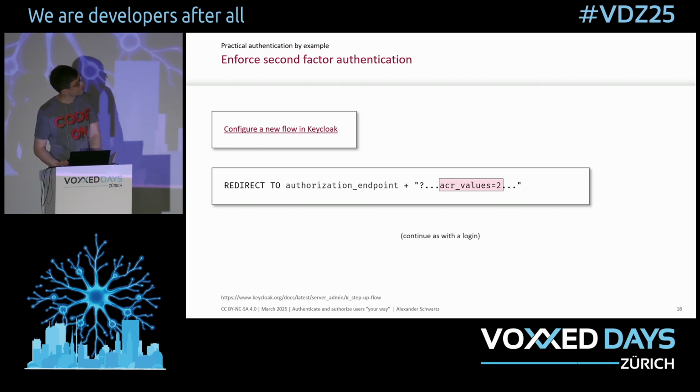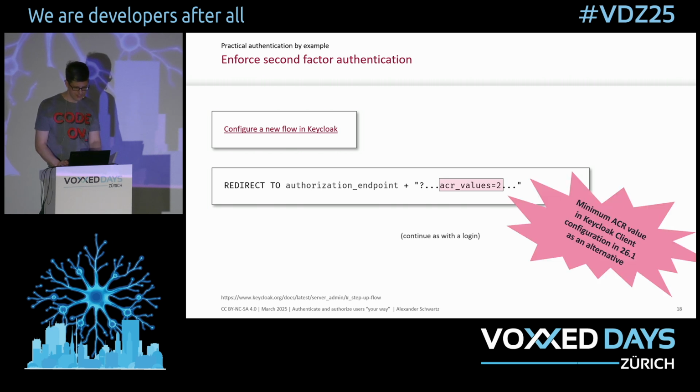It involves configuring some authentication flows in Keycloak that might take a bit too long here in the demo, so I'm skipping that in the demo. And that was actually one of the features we added in Keycloak 26.1. For some applications, maybe an off-the-shelf application, it doesn't allow you to configure these additional parameters added to the URL.